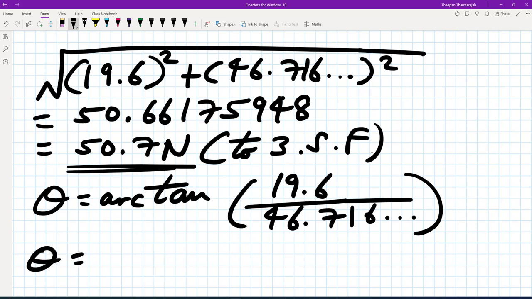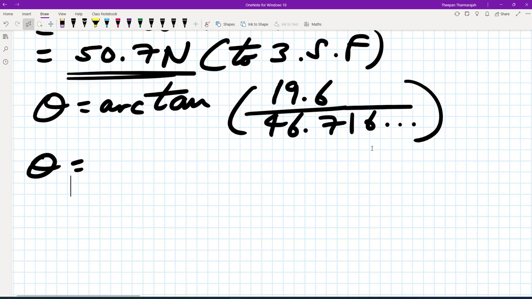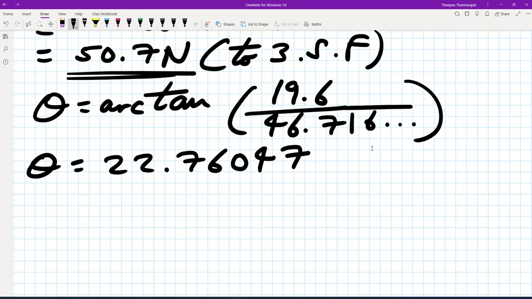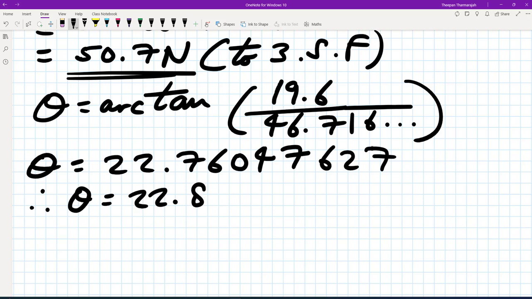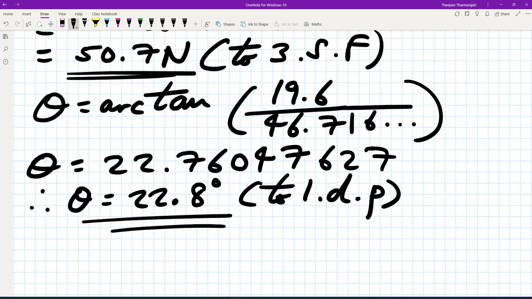So arctan of 19.6 over 46.71674083, and that gives me 22.76 and so on. Therefore, theta is 22.8 degrees rounded to 1 decimal place. In our case, we can say 3 significant figures as well, but normally we round angles to 1 decimal place.